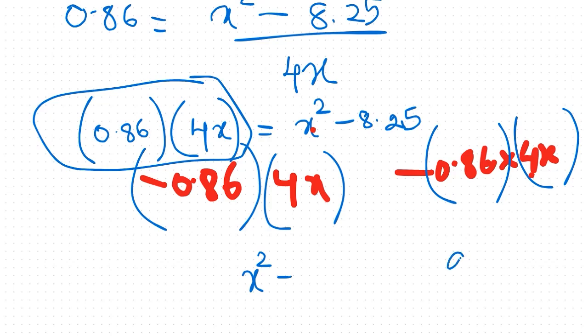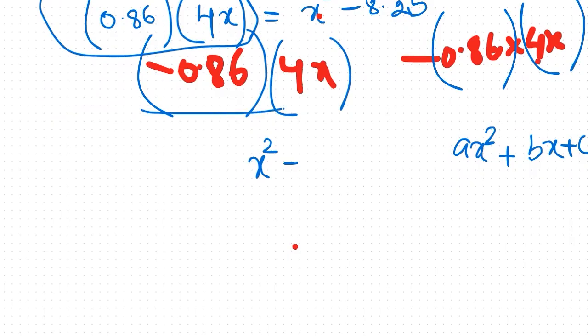So it is a quadratic, right? Ax square, we also have bx plus c. There will be x square, there will be x.